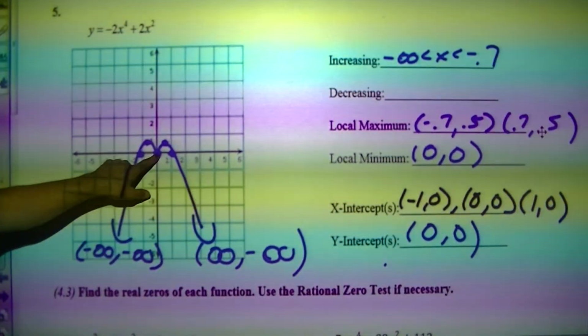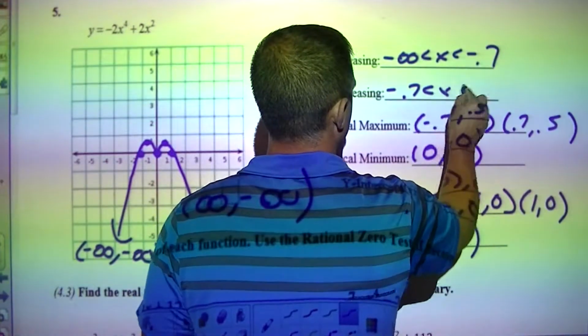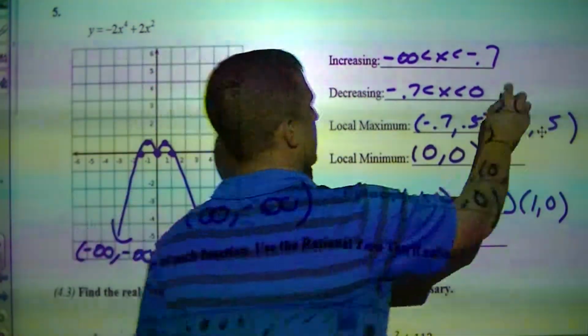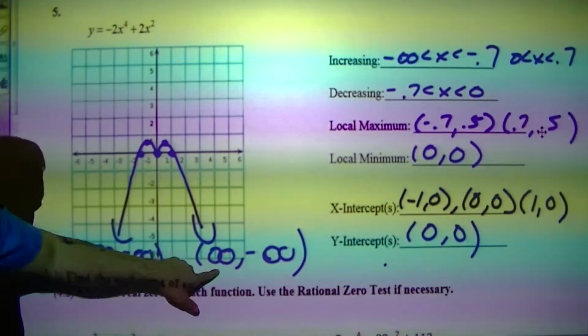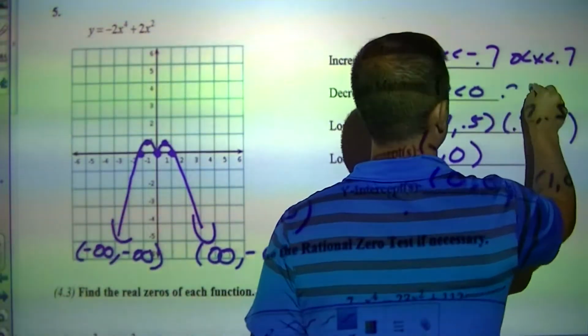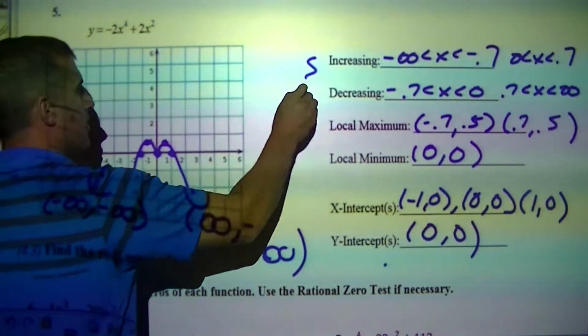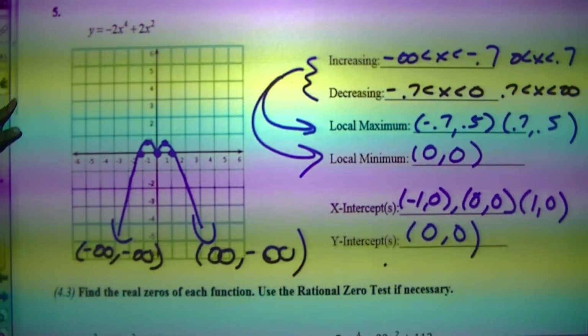Then from -0.7 to 0 would be a decrease. Then from 0 to 0.7 would be an increase. And then from 0.7 to positive infinity would be a decrease. Once again, you need to use these in order to get there.